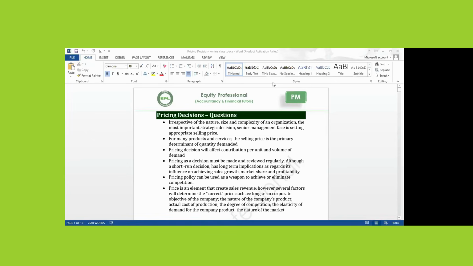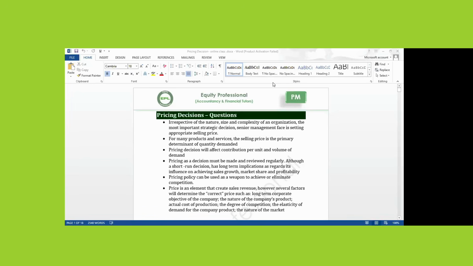Regardless of the nature of your business or size of your business or complexity of your business organization, the most important strategic decision faced by senior management is setting appropriate selling price. For many products and services, selling price is the primary determinant of quantity demanded.